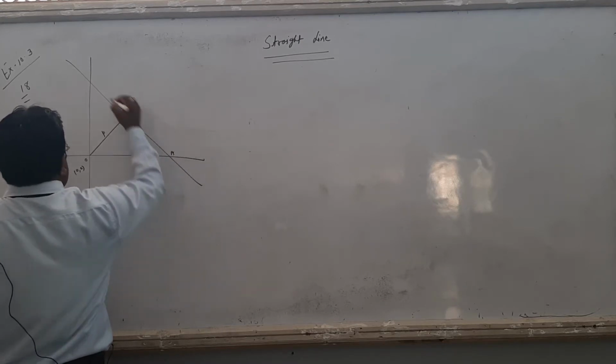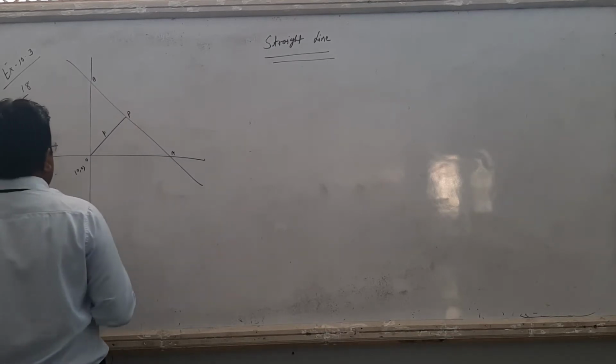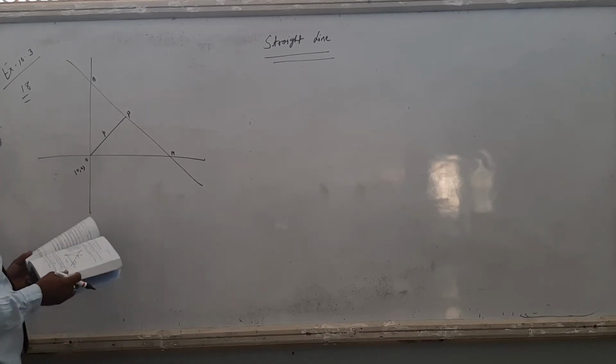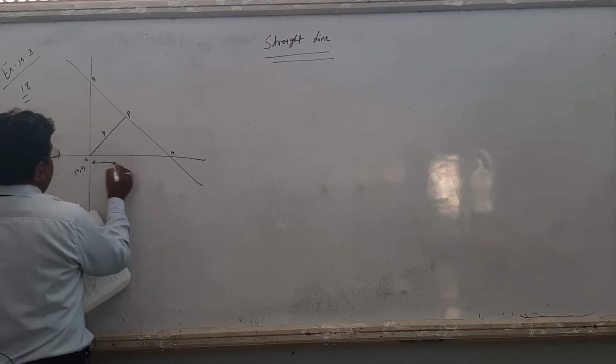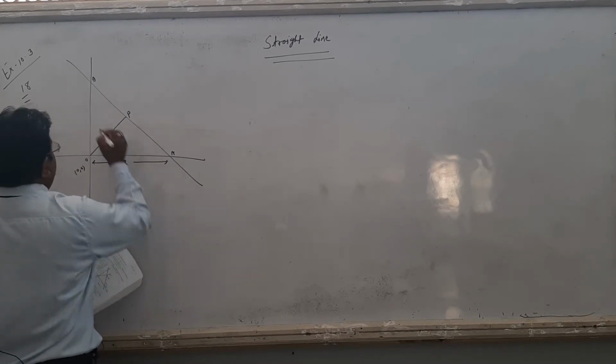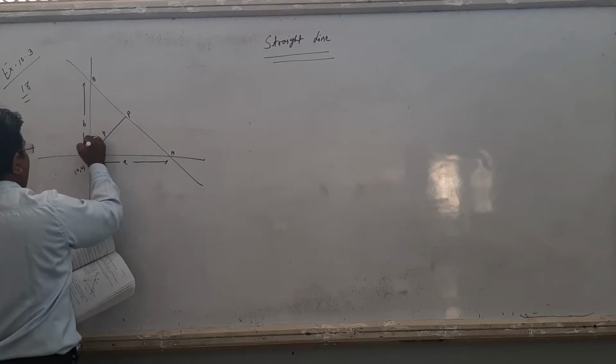This is line AB, and OP is the length of the perpendicular, given as p, and whose intercepts on the axes are a and b. Given is a is the intercept on the x axis and b is the intercept on the y axis.